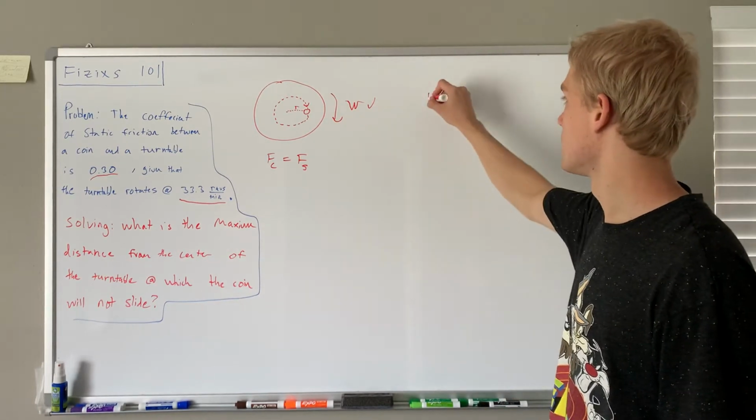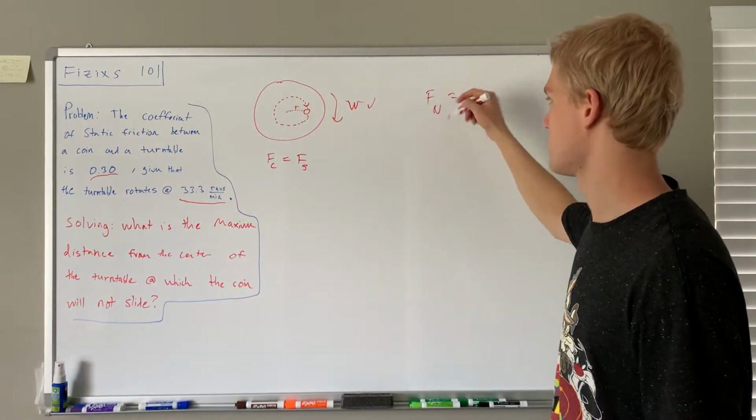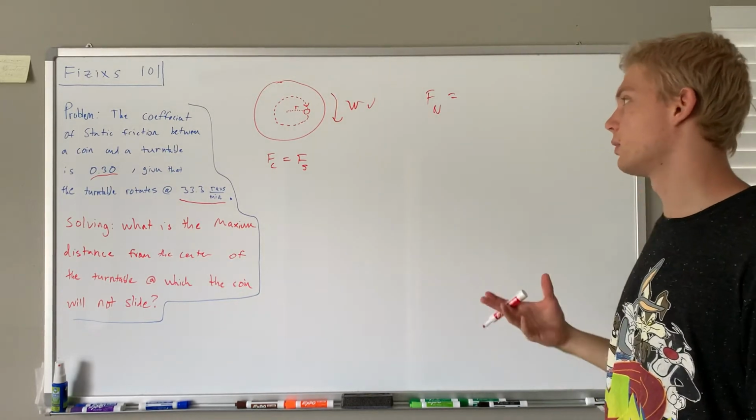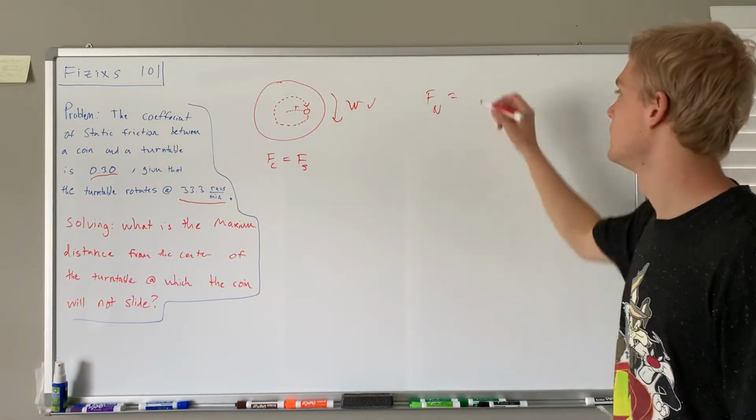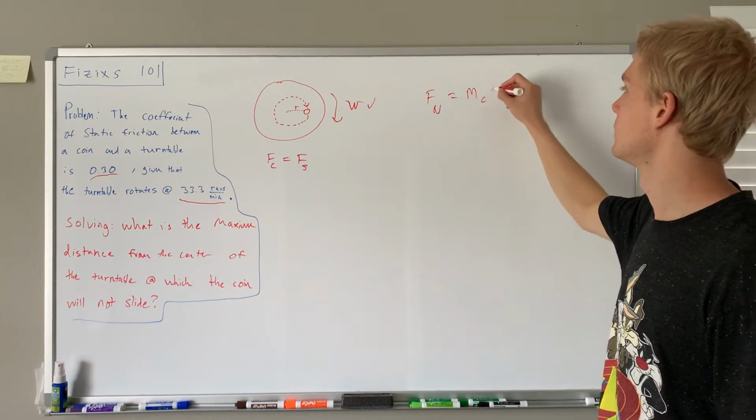Well, first off, it starts from here. The normal force of a coin on a turntable is just the mass of the coin times gravity.